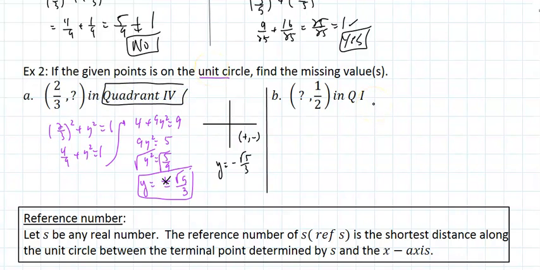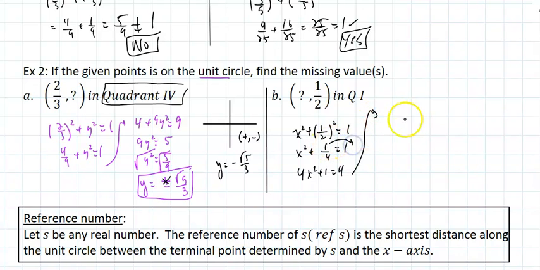Same deal here. If they gave me the y and they say, hey, what's the x? Well, x squared plus y squared, but y is 1/2, equals 1. x squared plus 1/4 equals 1. 4x squared plus 1 equals 4. You don't have to do what I'm doing. You could move the 1/4 over, use fractions, whatever you like.